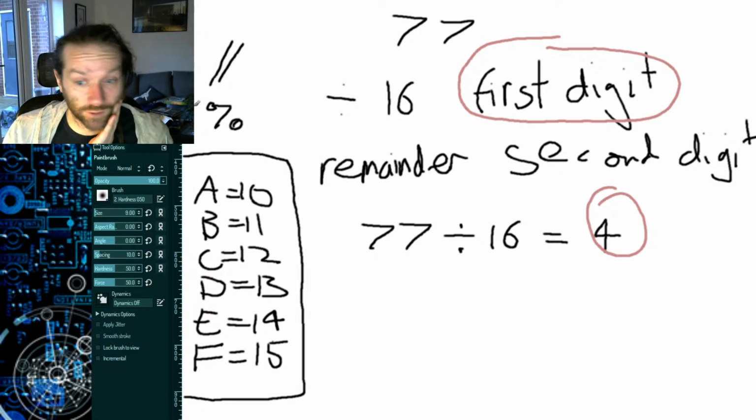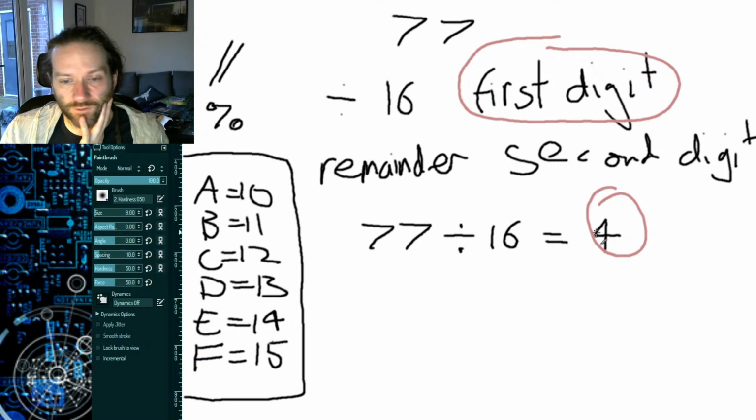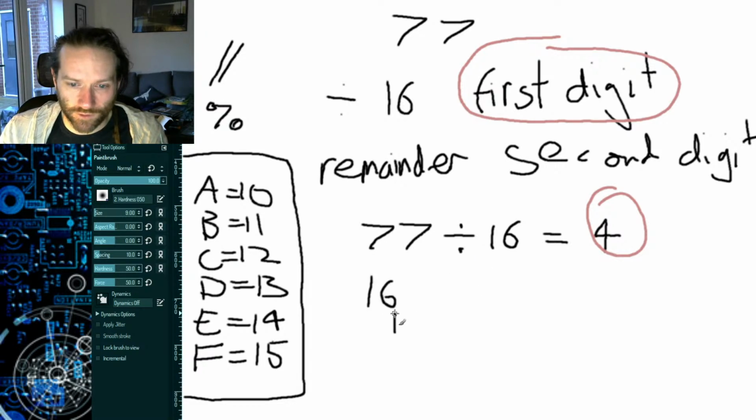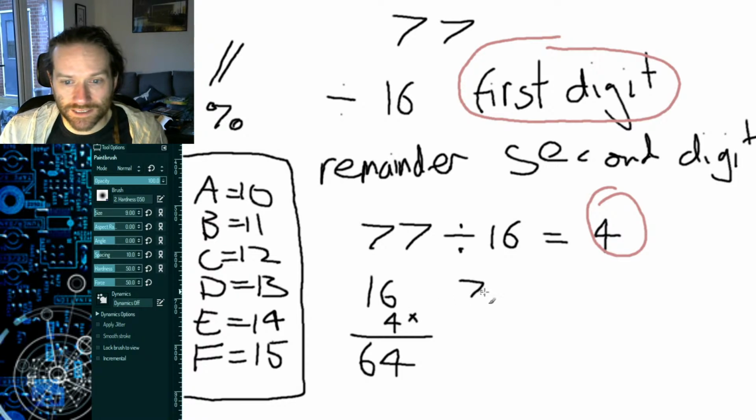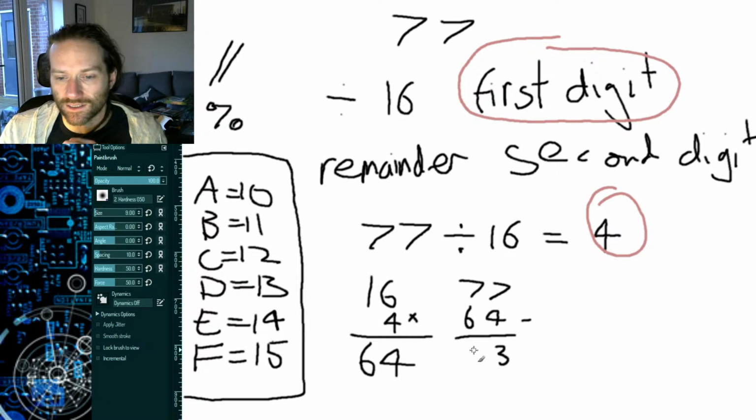Now, there's two ways of working out the remainder. Probably the most straightforward way is working out what 16 times 4 is and then subtracting that from 77. So 16 times 4 is 64. If I do 77 minus 64, 7 minus 4 is 3, 7 minus 6 is 1.